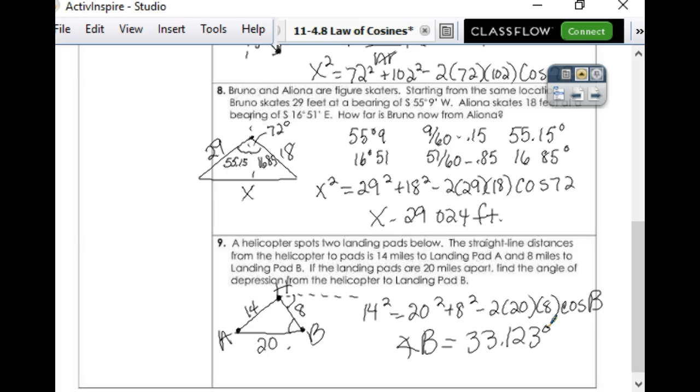And then you have to divide by this amount: divide by, in parentheses, -2 times 20 times 8. Take the inverse cosine of that number. I'm going to help you, but I'm not going to help you solve them.